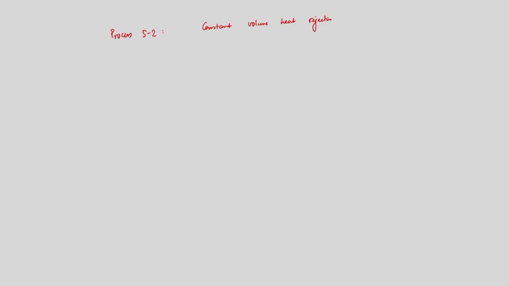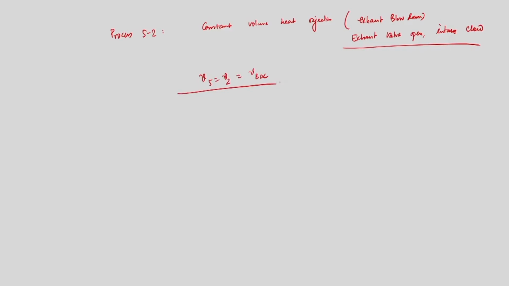Again, what we know is that the exhaust valve opens and the intake valve is closed. So this is basically the exhaust blow down: exhaust valve open, intake closed. Now it is a constant volume process, so work done will be 0. V5 is equal to V2, which is equal to VBDC.